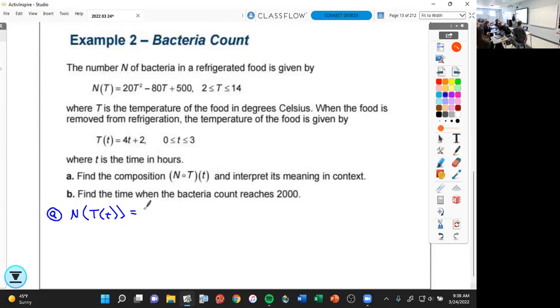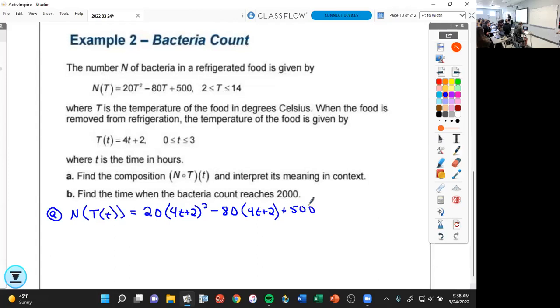So I have 20. Here's a capital T. What does that capital T need to be changed to? (4t plus 2) squared minus 80. Oh, another capital T. (4t plus 2) plus 500.